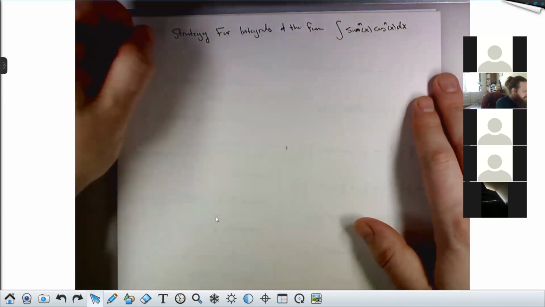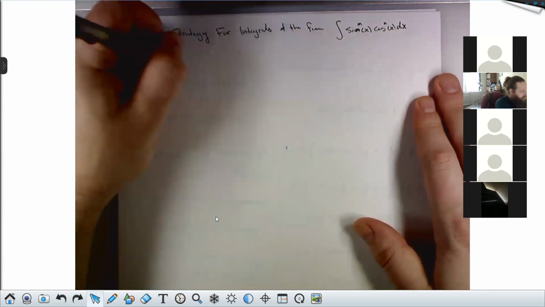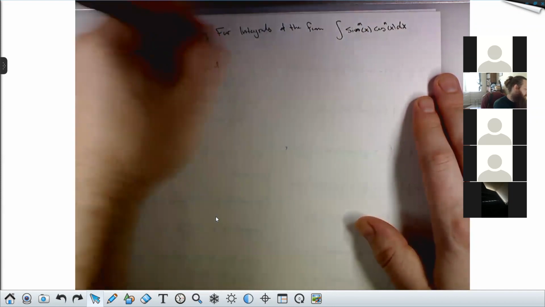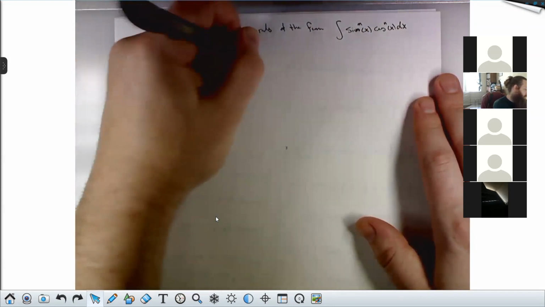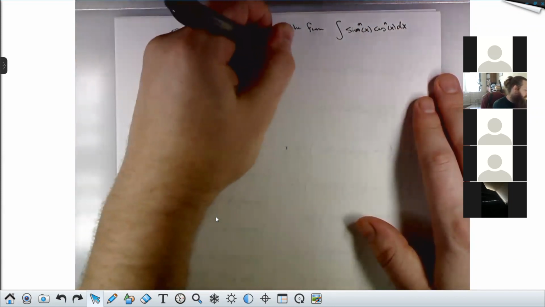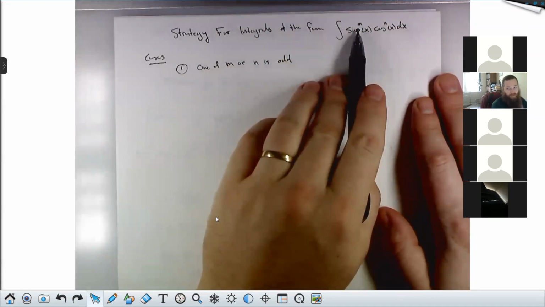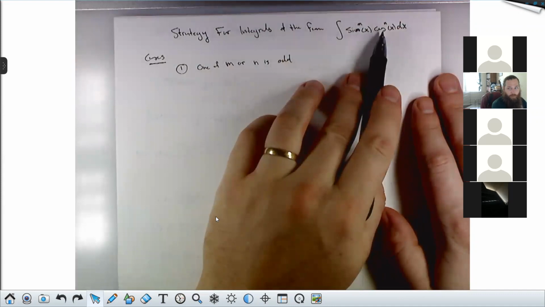We consider cases. Case the first, one of m or n is odd. So the power of sine is odd, or the power of cos is odd, or both are odd.